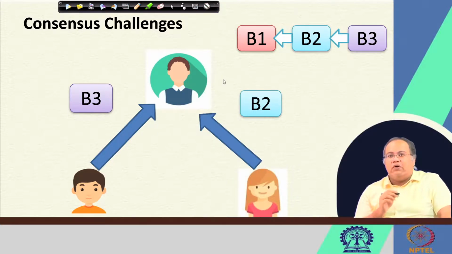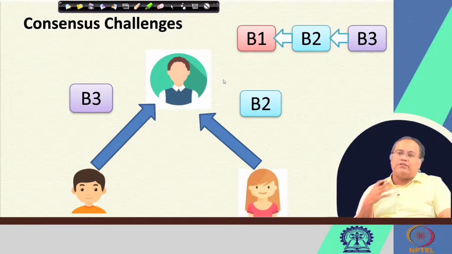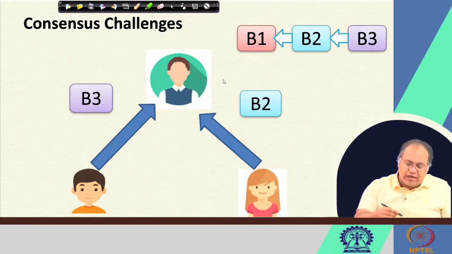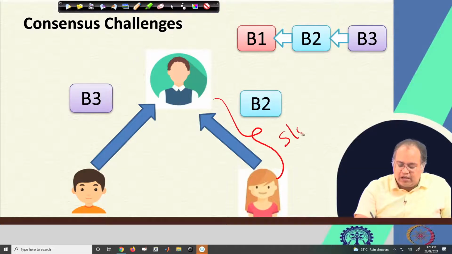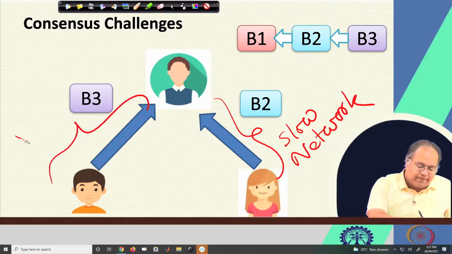Here the interesting fact is that although in my global blockchain block 2 precedes block 3, because I am in a slow network, it might happen that the network on which this node is connected to this one is a slow network, and this is a fast network.